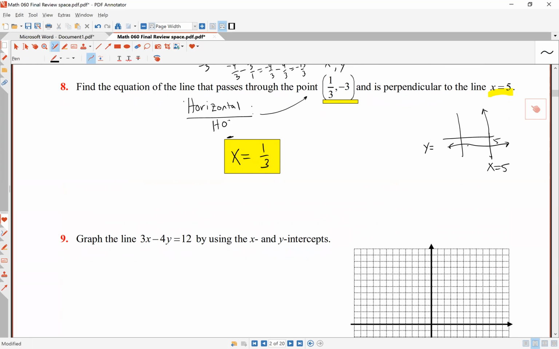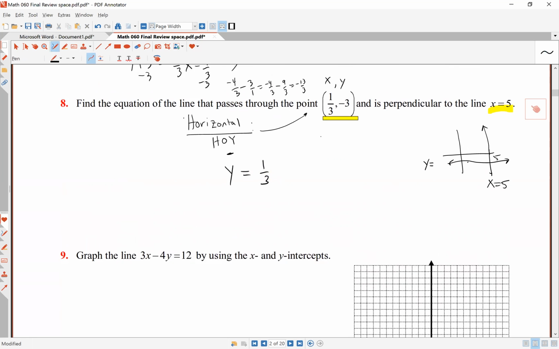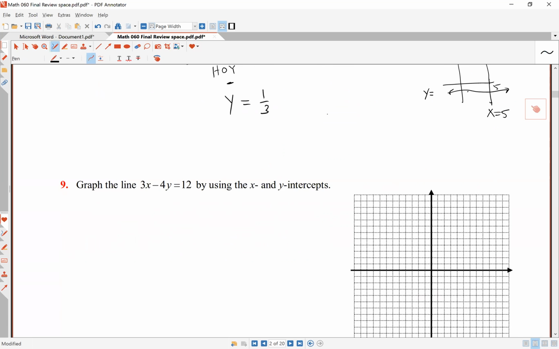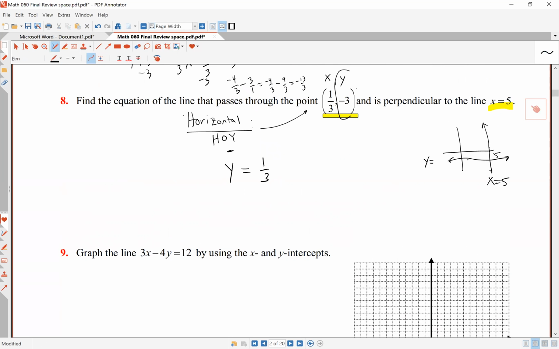And the mnemonic for horizontal lines is HOY, or y equals the y value, which is -3. Now, if we had asked for it to be parallel to the line x equal to 5, we would have used x equal 1/3.